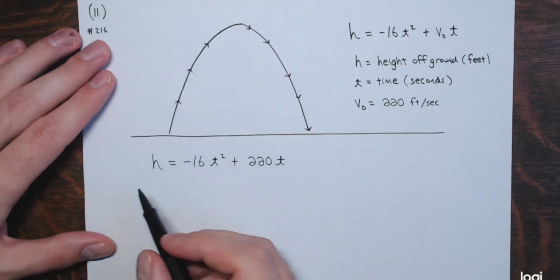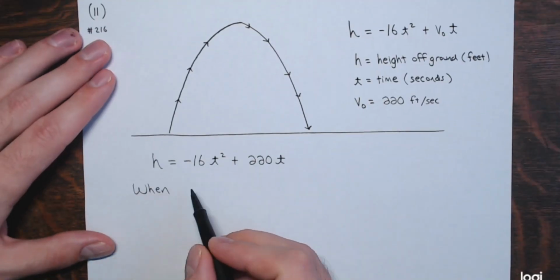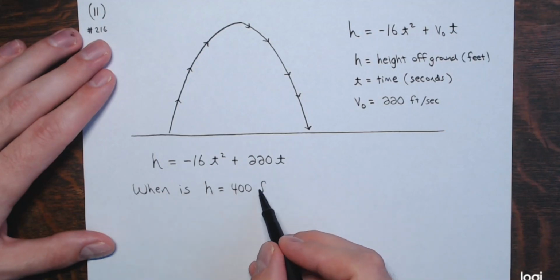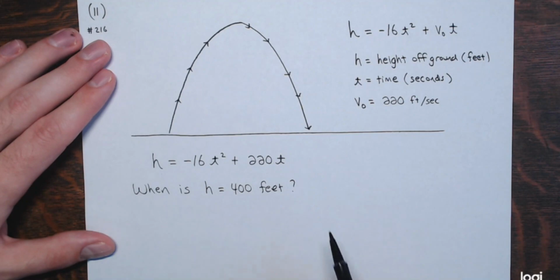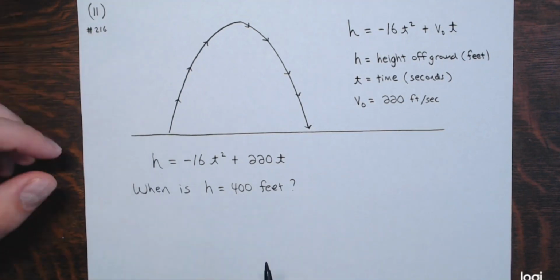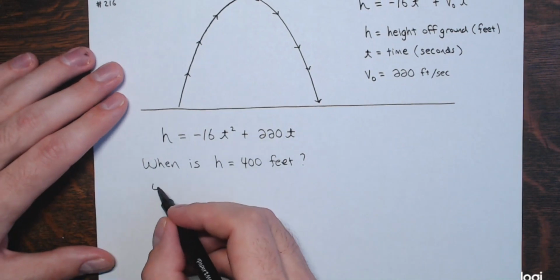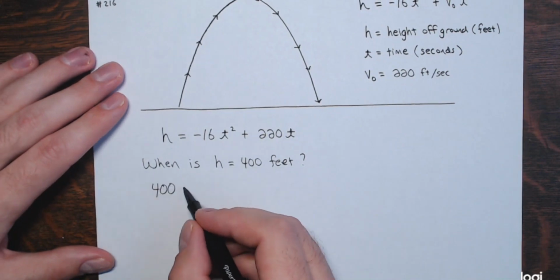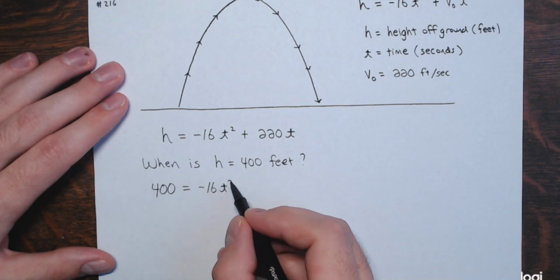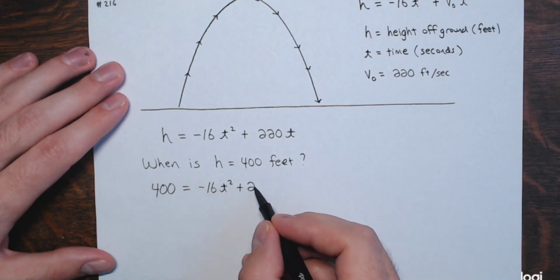So when is h equal to 400 feet? I'm just substituting 400 for h in my formula. So we have this quadratic equation, 400 equals negative 16t squared plus 220t.